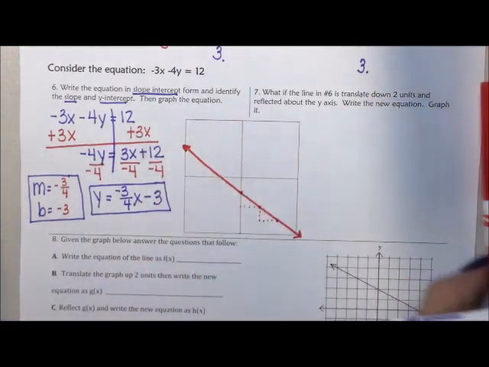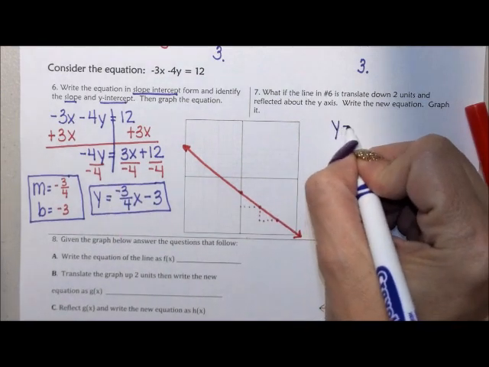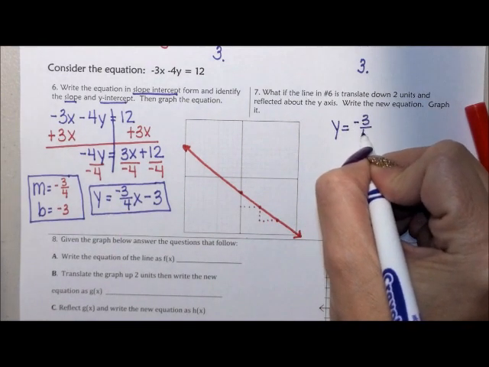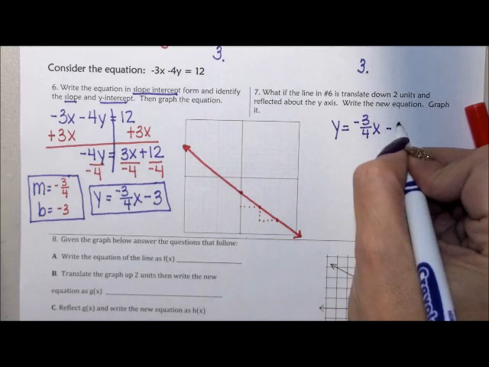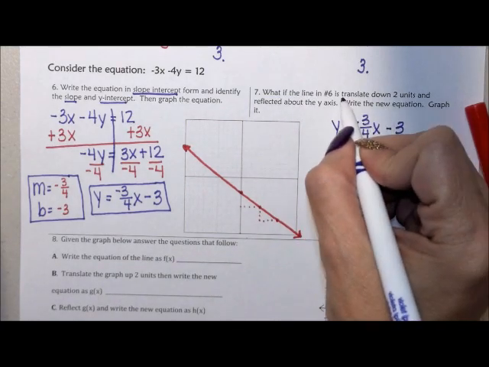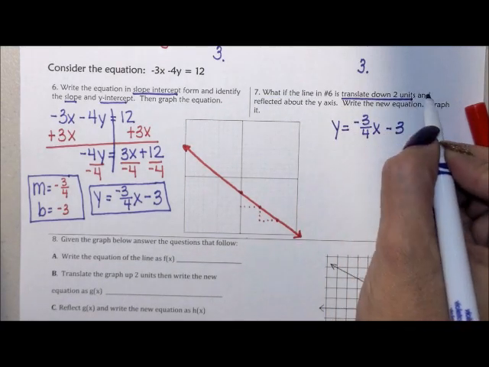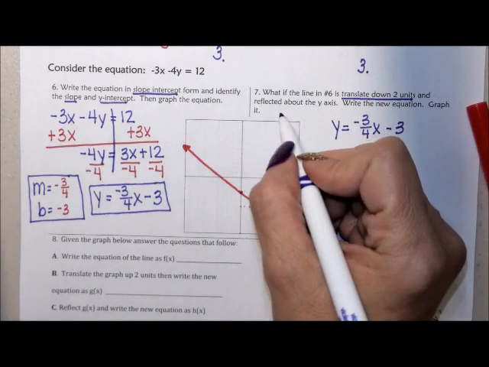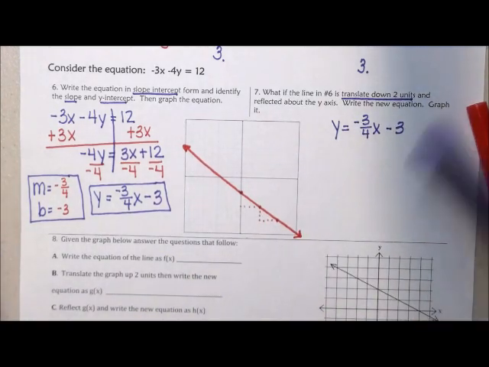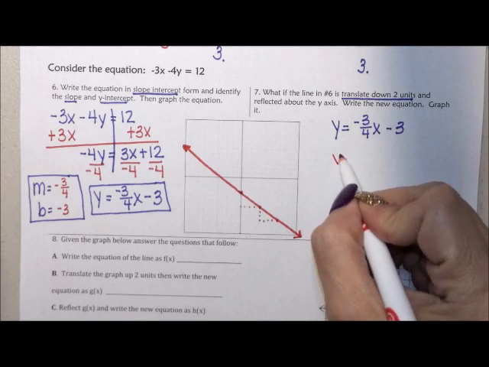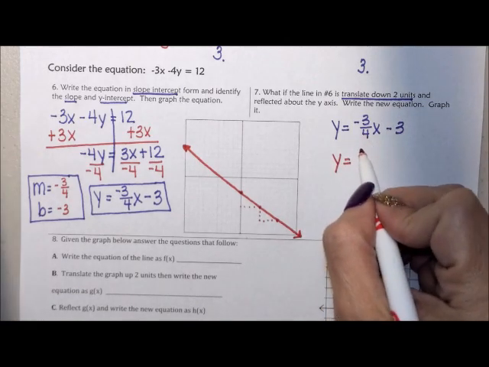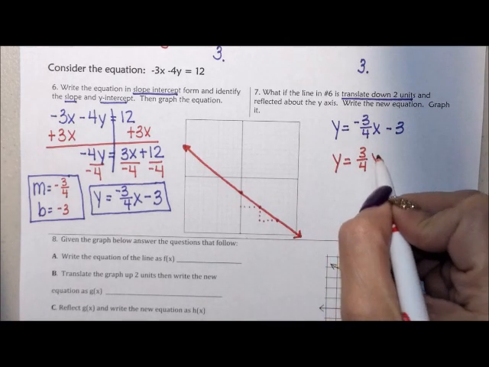All right, so let me come over here. Let me write this right here. Y equals -3/4x minus 3. So what if I translate it down 2 units and reflect it? Okay, if I reflect it, that's pretty easy. So I'm going to write here my new equation. Y equals, to reflect it, I just need to do 3/4x.